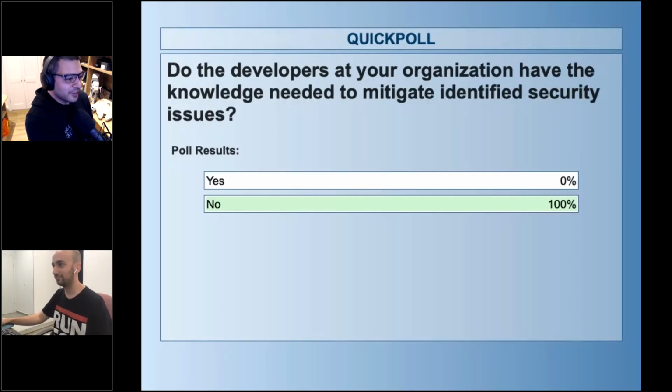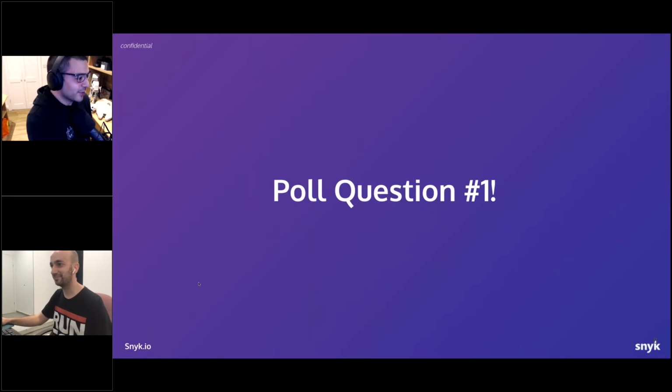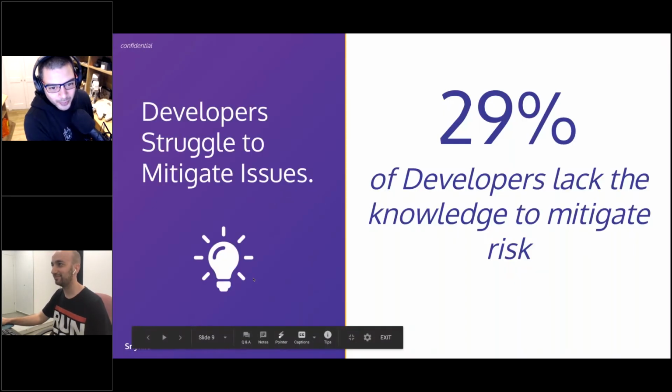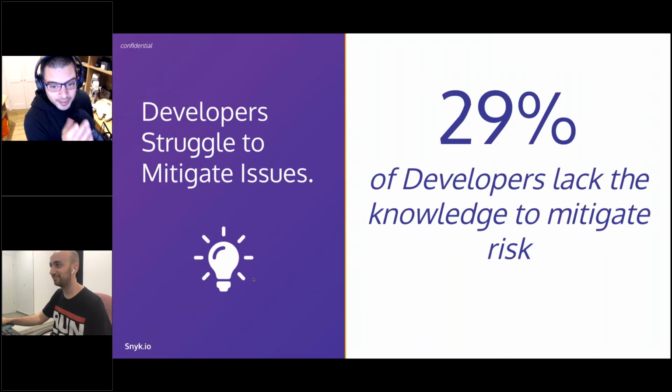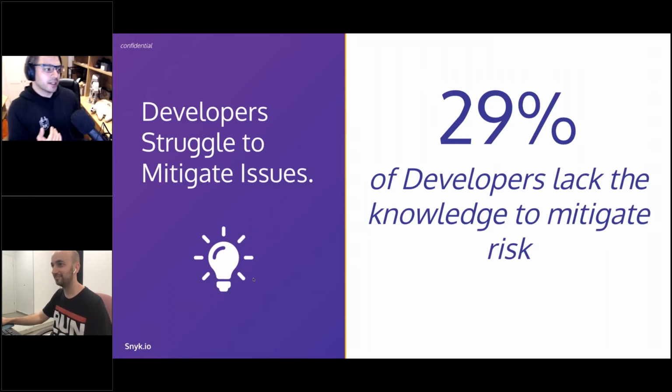This is surprising. Do the developers at your organization have the knowledge needed to mitigate identified security issues? 100% no, right? That's very, very surprising. Okay, let's take a look at what the report states. The report states that 29%, so just under a third of developers lack the knowledge to mitigate risk.